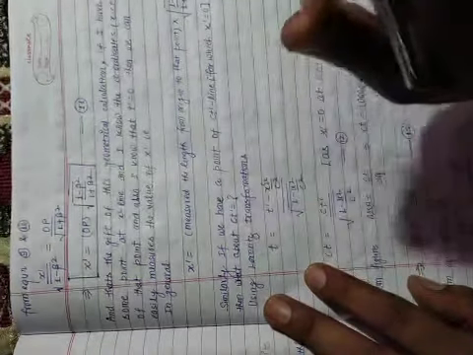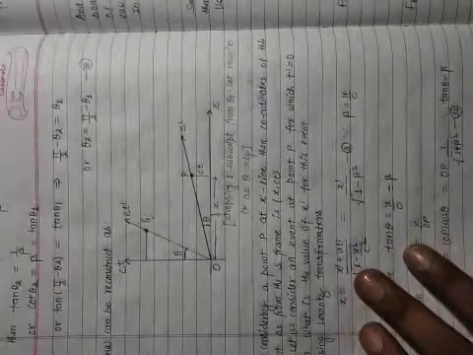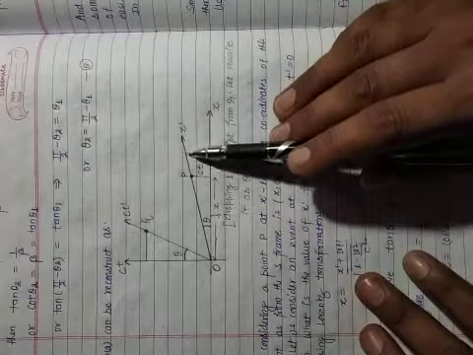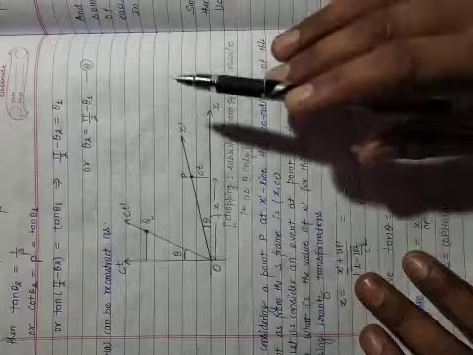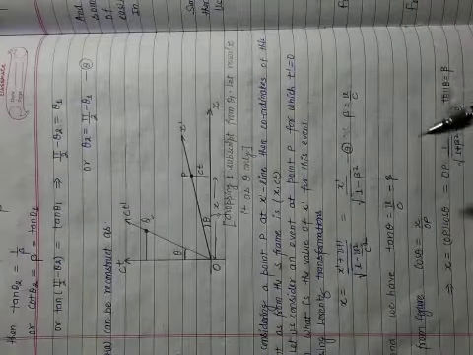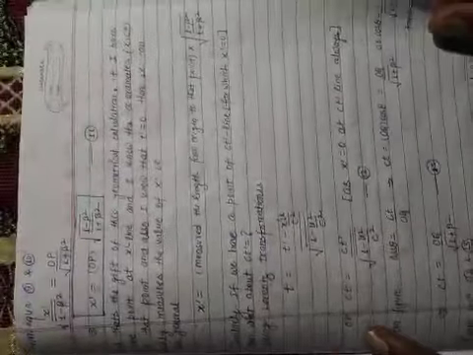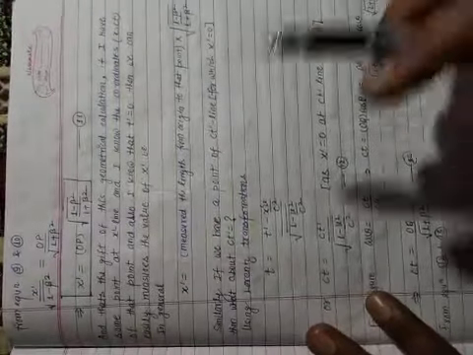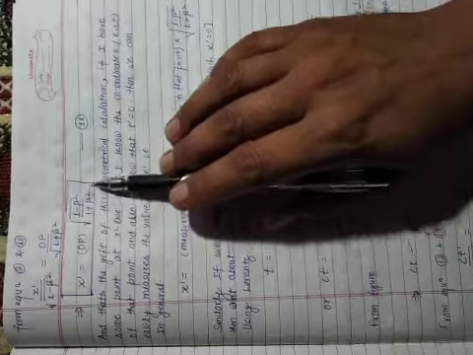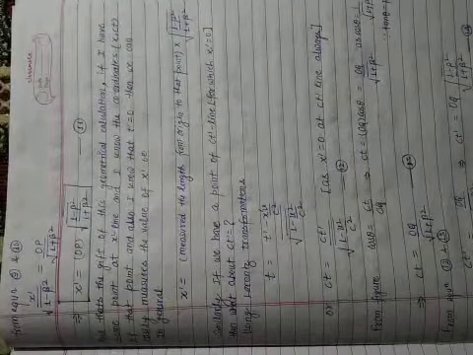Okay, this is the simple logic. If the point is somewhere on this x prime line, always measure that line and multiply it by this common factor, and you can find that coordinate.